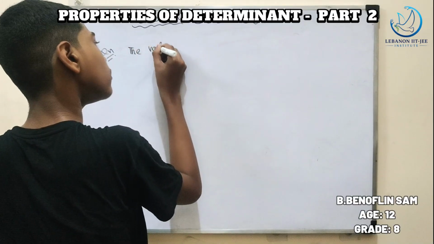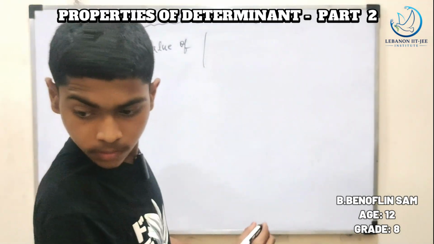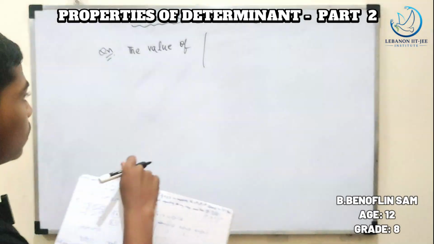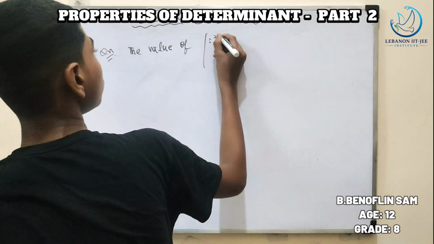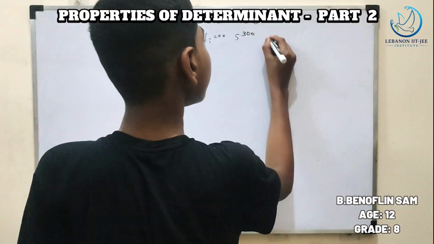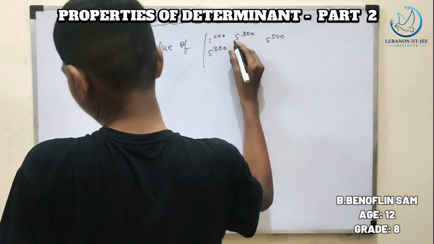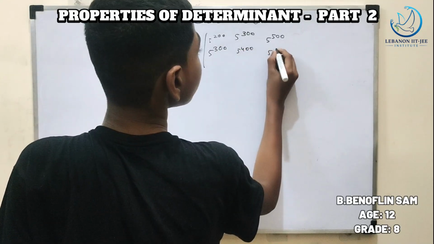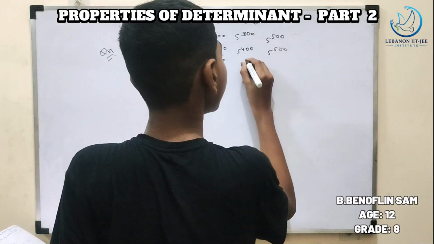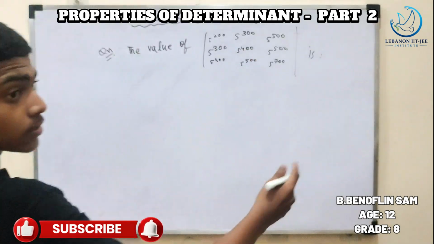The value of the determinant with rows 5 to the power 200, 5 to the power 300, 5 to the power 500; 5 to the power 300, 5 to the power 400, 5 to the power 500; 5 to the power 400, 5 to the power 500, 5 to the power 700 is what we asked.